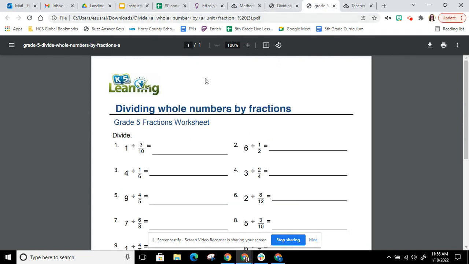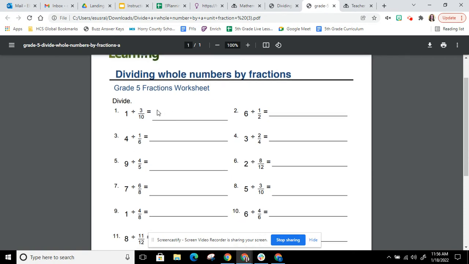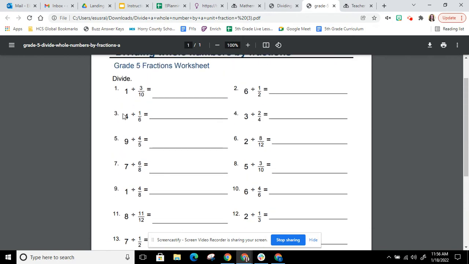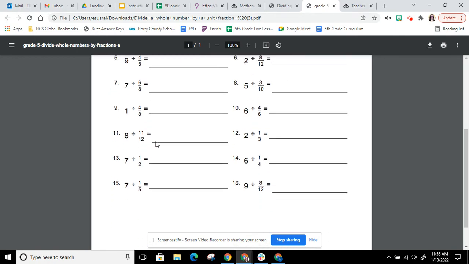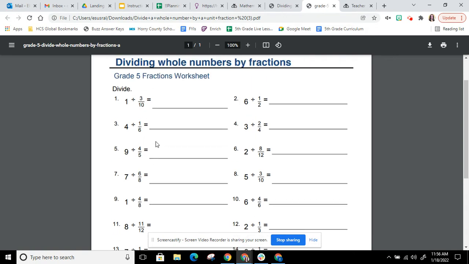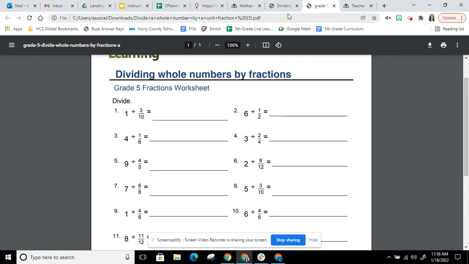The second page, you've got a worksheet where there's 16 problems and you're taking your whole number and you're dividing it by a fraction. So all of these problems here are where you're taking a whole number and dividing it by a fraction.